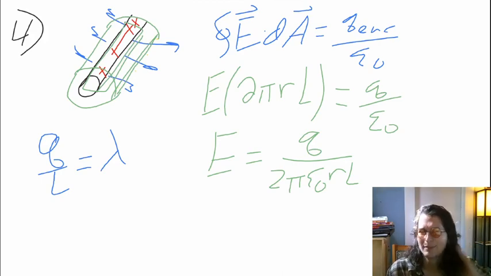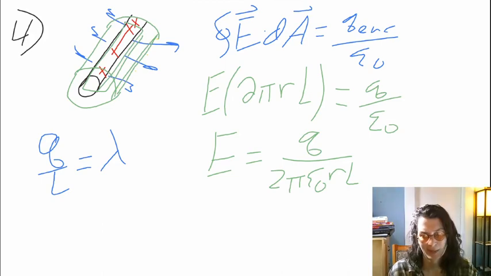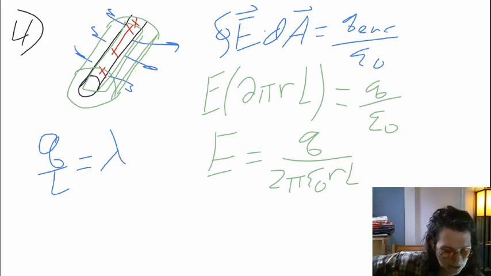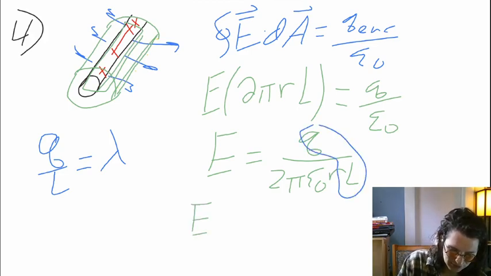We may have used lambda in physics 1 when we talked about linear mass density, where we had mass that was distributed along a line. But whenever you have a rod like this, you just have a lambda. So I can replace Q over L with that lambda, and I get the equation that I'm going to use. The electric field is equal to lambda over 2 pi epsilon naught times r.